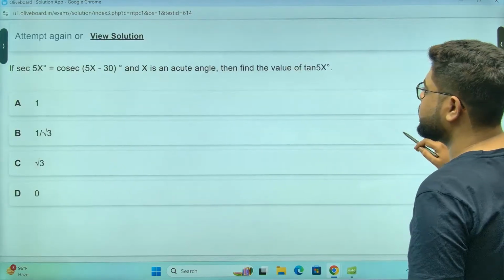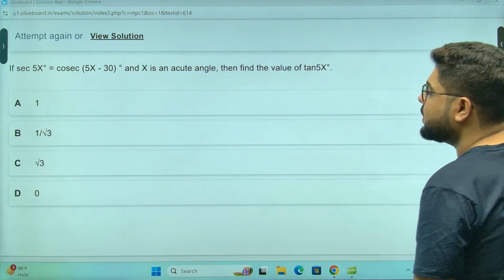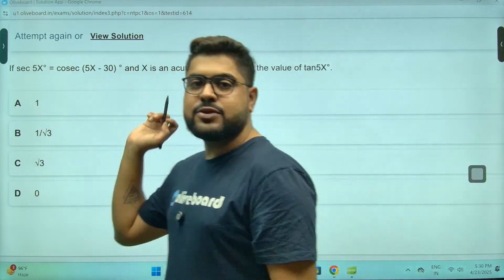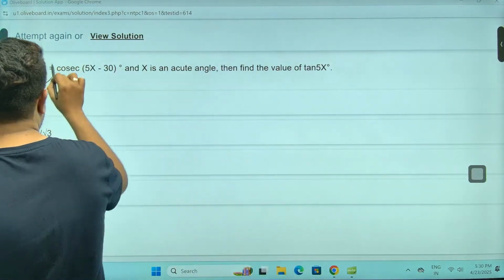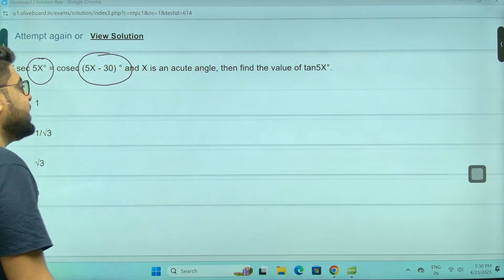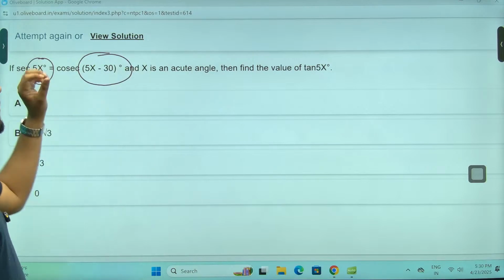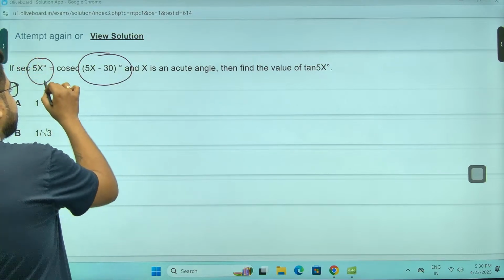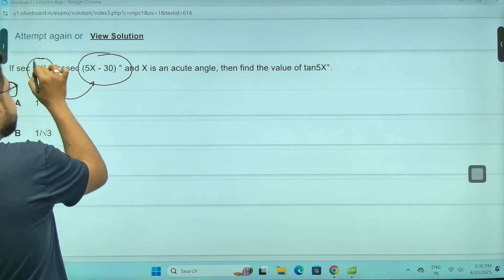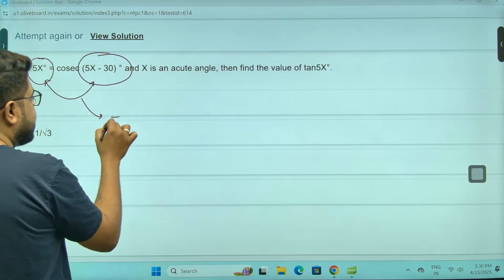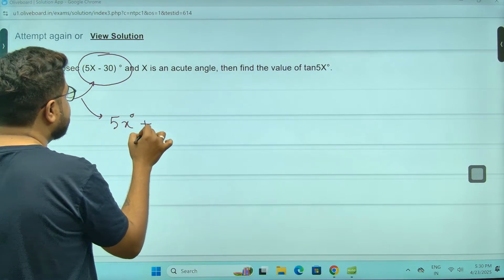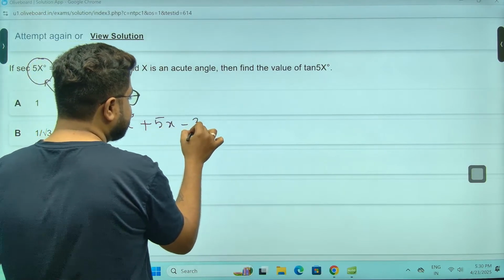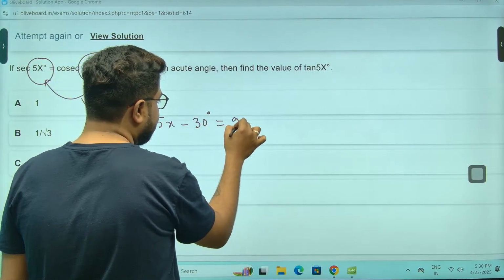Every question of quant only, right? Sec and cosec, they use what? Use the complementary angle. So if sec is equal to cosec, that means this is complementary. The sum is 90 degrees, always remember. That means the sum is equal to 90 degrees.